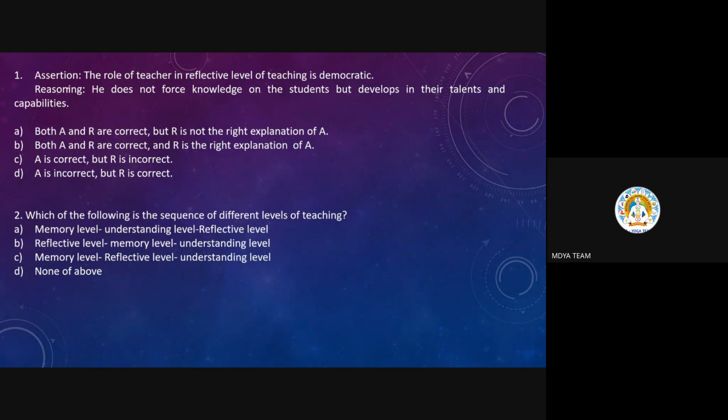Assertion-reason type questions are all previous year questions. Okay, solve this question. Assertion: the role of the teacher in reflective level of teaching is democratic. Reason: he does not force knowledge on the student, but develops their talents and capabilities.